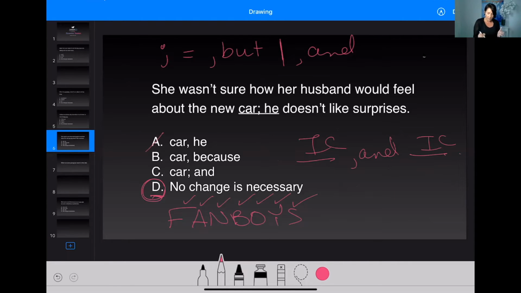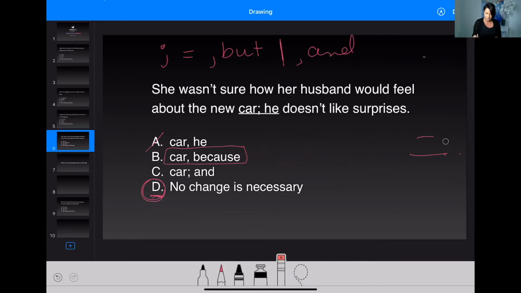So A would be out, but if you rearrange the sentence and use a comma conjunction, you could do that. Now, here's another thing they'll do on the test. Take a look at this one here. Because. Just say no to comma because. You don't need it. Here's a quick rundown.